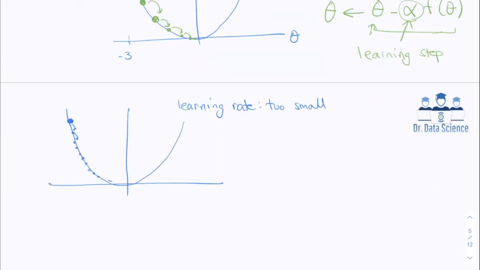So this means that it takes many iterations to get close to this minimum value. So here it takes too long to find the solution.